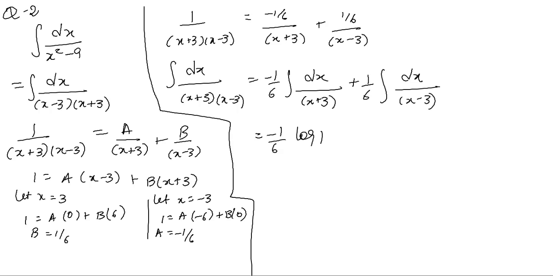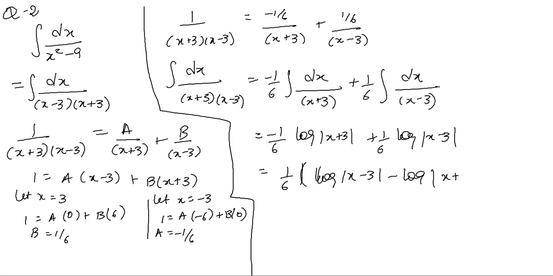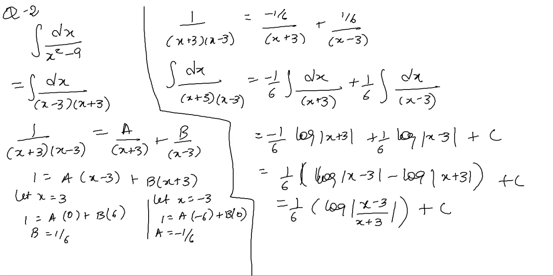I will get, if I take 1 by 6 common outside, 1 by 6 log mod x minus 3 minus log mod x plus 3. You know that if logs are in subtraction, then I can write it in this form, plus c. Now if you compare your answer with that formula, then you will get the same answer. So whichever way you try, the answer will not change, right? You will get the same answer.